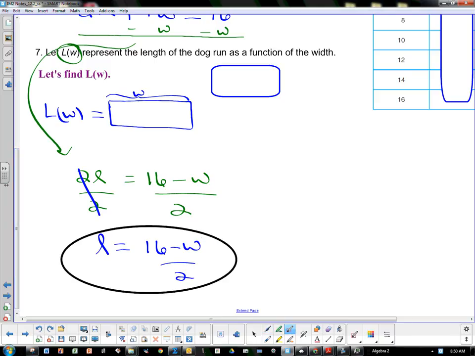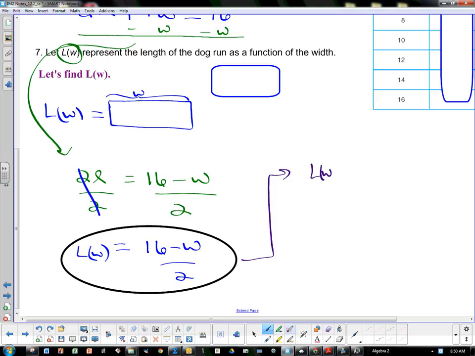That, ladies and gentlemen, is L of W. You don't have to write L. You can write L of W, the length in terms of the width. Can L of W also equal 8 minus W? No, it cannot. Another way to write this could be this.